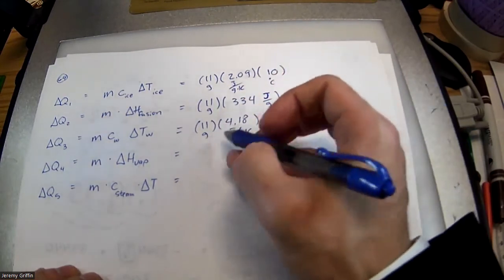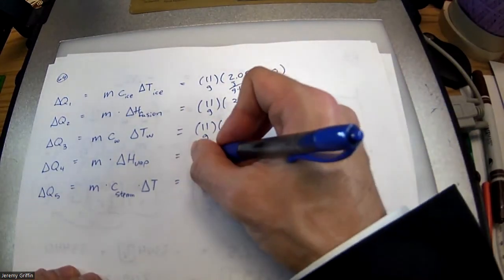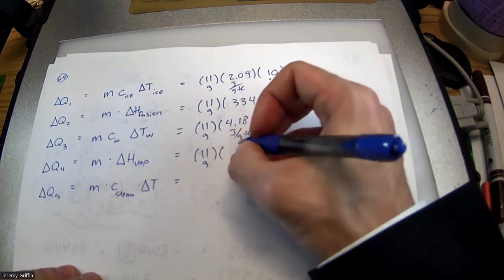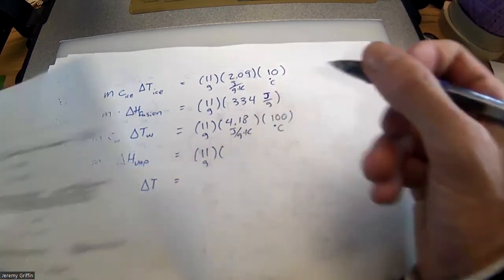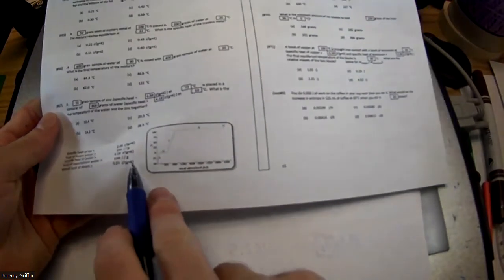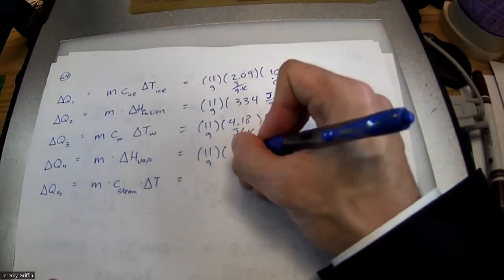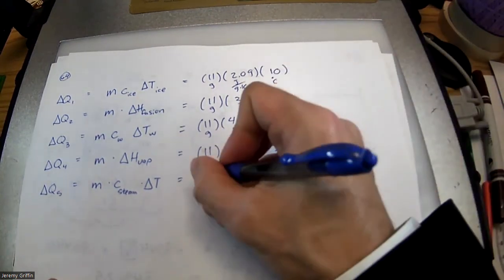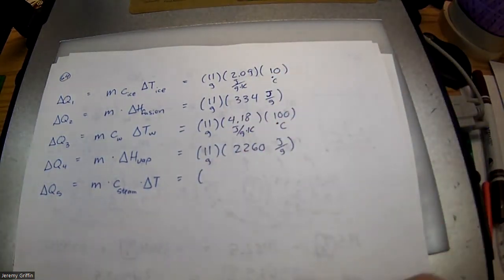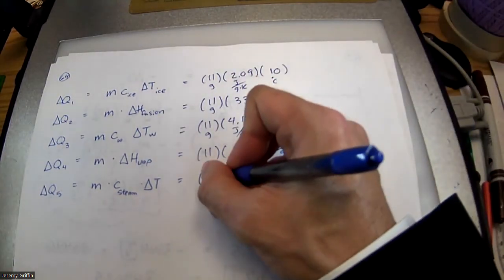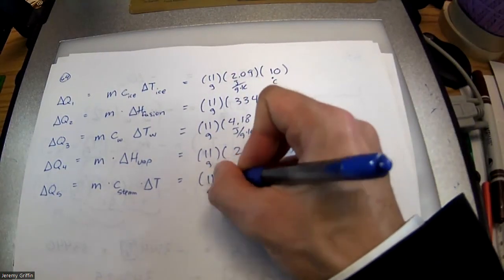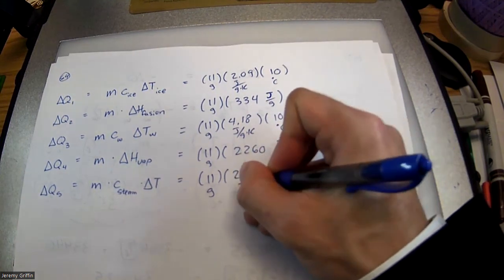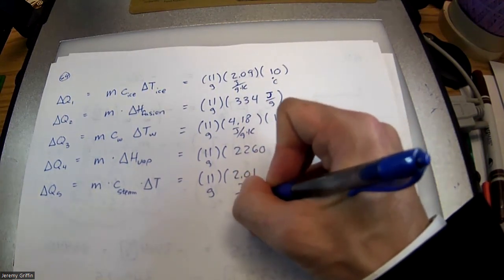All right, then we need to boil all the water away. So that's 11 grams. And the heat of vaporization is 2,260 joules per gram. Of course, the grams cancel out. And then finally, now we've got all the steam, but we need to heat up the steam to the final temperature. So 11 grams at 2.01 joules per gram Kelvin.